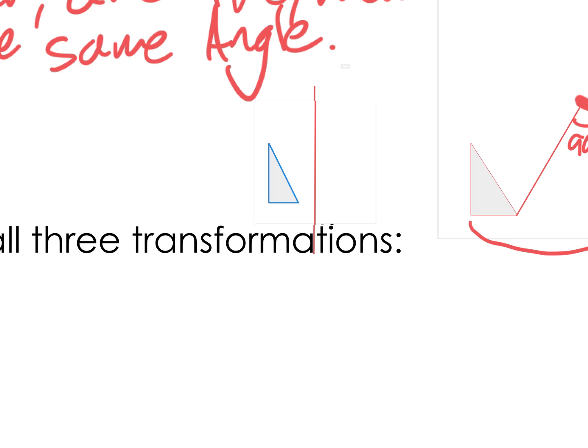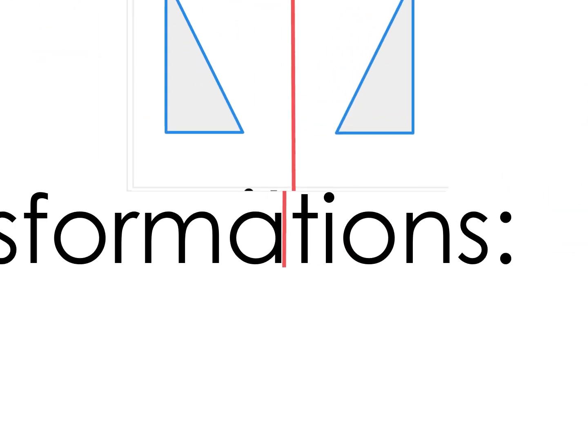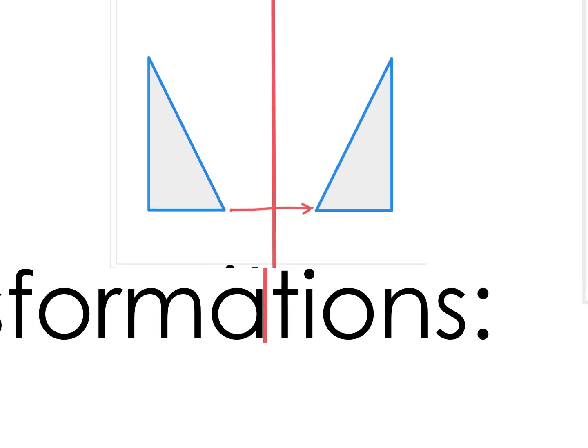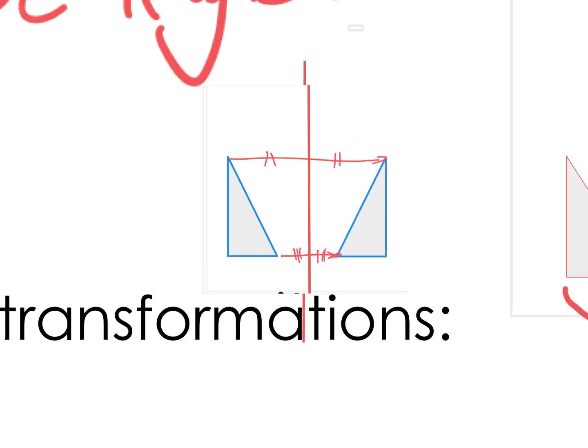There we go, and we have the original image and the new one. Notice they traveled perpendicular, or 90 degrees, across, and they go the same distance. That's how we mark the same distance from the line of reflection.